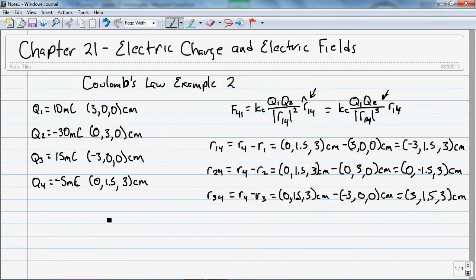So those are the distance vectors. Now I can come up with my unit vectors.